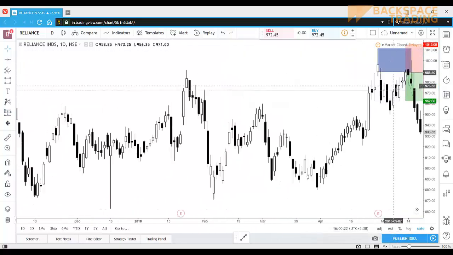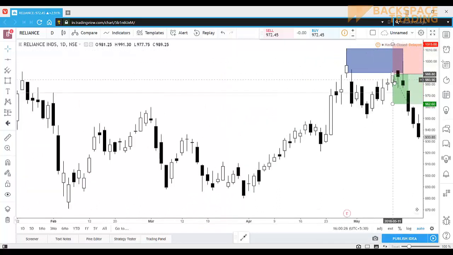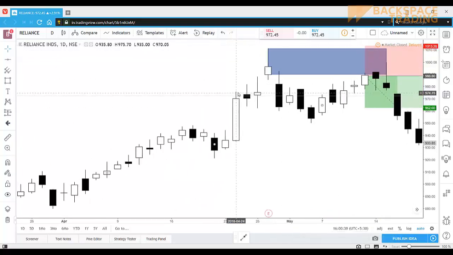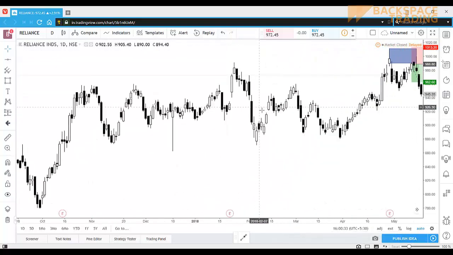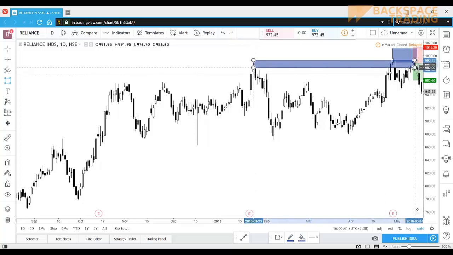Oh, come on, seriously? This is the trade that I actually took, and it had multiple resistance, considering this and that.